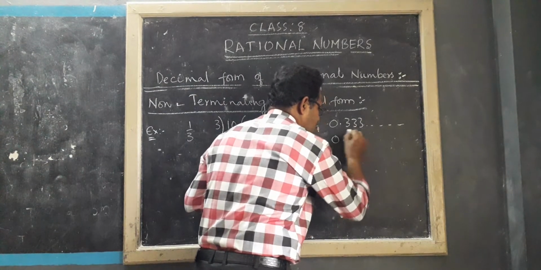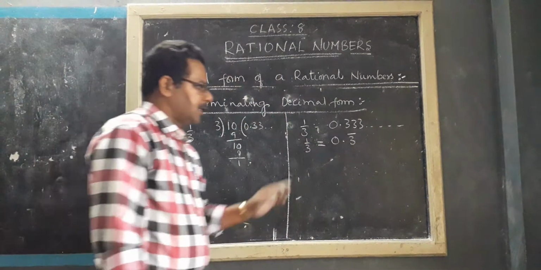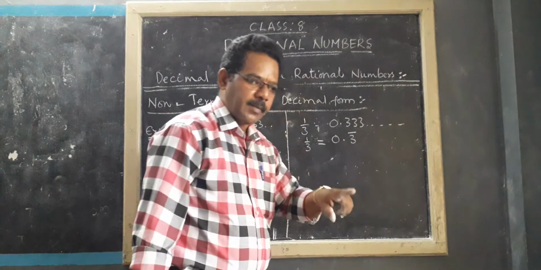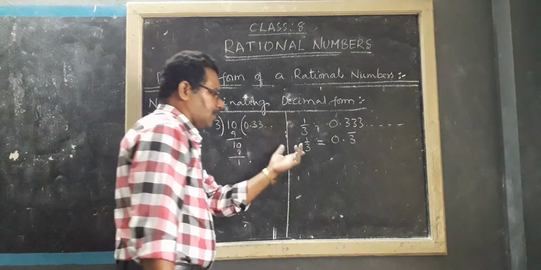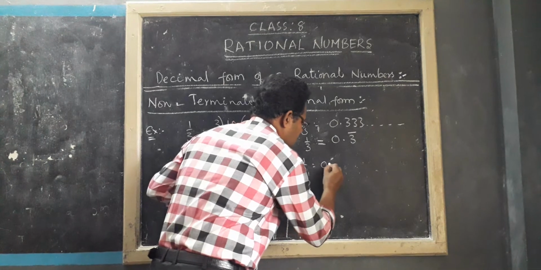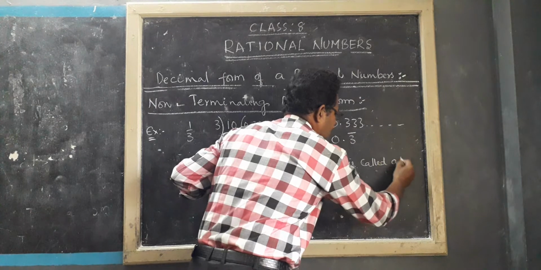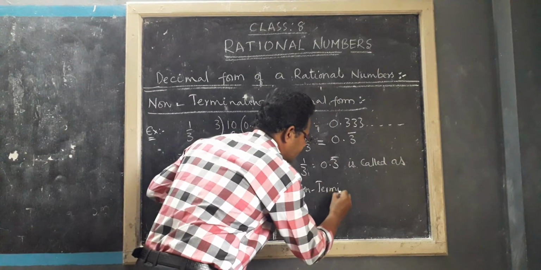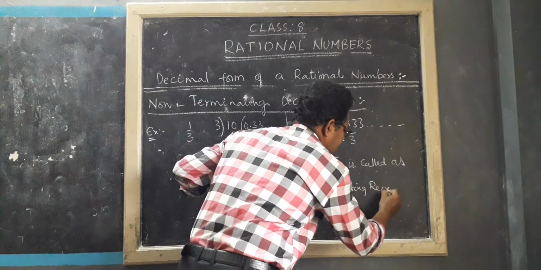Here you can write 0.3 bar. 1 by 3 is equal to 0.3 bar. Here the number 3 is repeating. It is non-terminating and repeating. That's why 1 by 3 equals 0.3 bar is called a non-terminating repeating decimal.